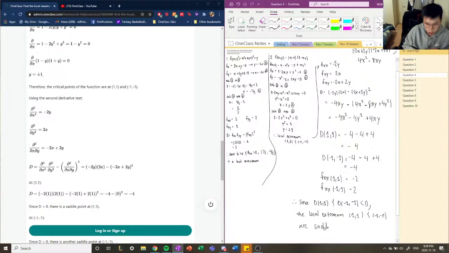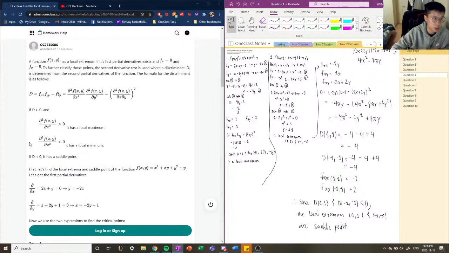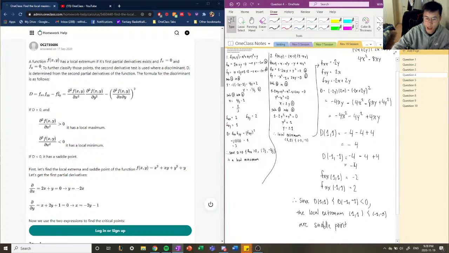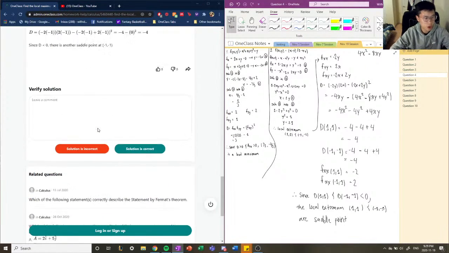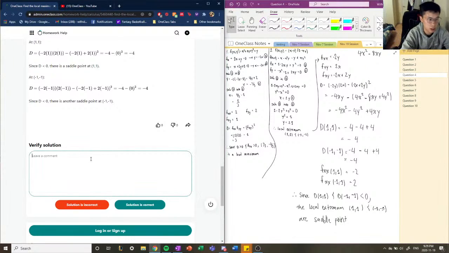So we're going to refer back up to what our junior tutor wrote. When a discriminant is less than 0, it has a saddle point. Okay. So we noticed here that both discriminants of our local extremum yielded negative values. So now we know that they're both saddle points, and we have solved the question. So this was a very long question, and the junior tutor got it correct. So this solution is correct. Good work.